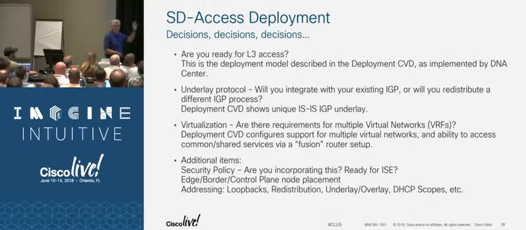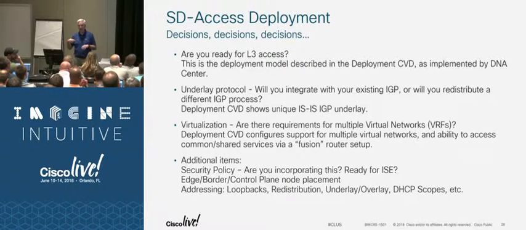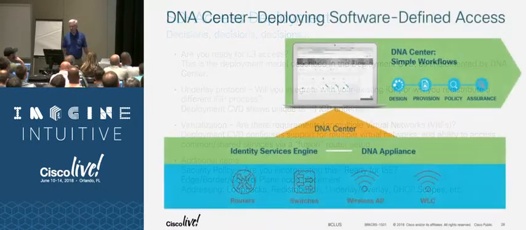Virtualization: do you know what kind of VRFs we want coming out of these fabrics, the virtual networks in the fabrics? Security policies, all these kinds of things. Lots of things you have to think about as you begin to deploy this.